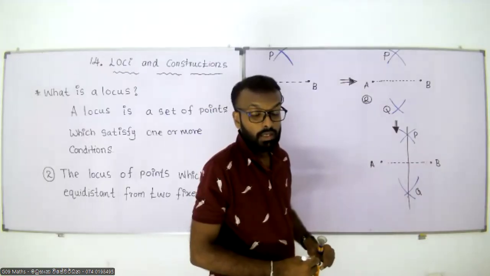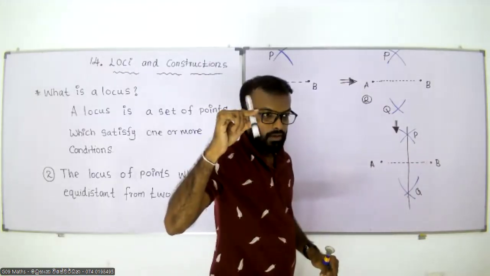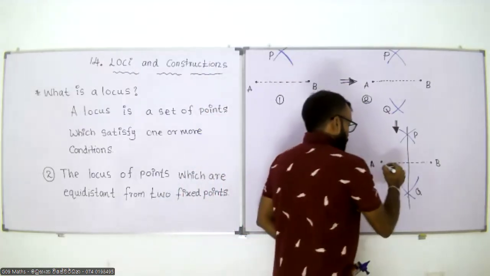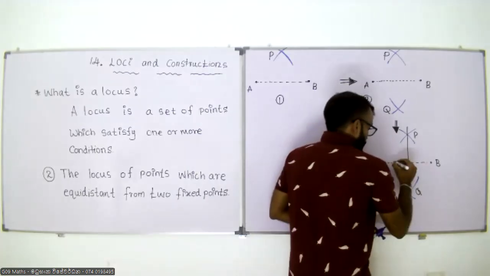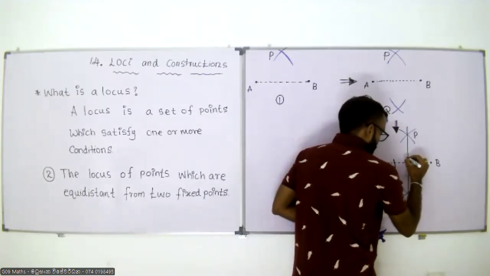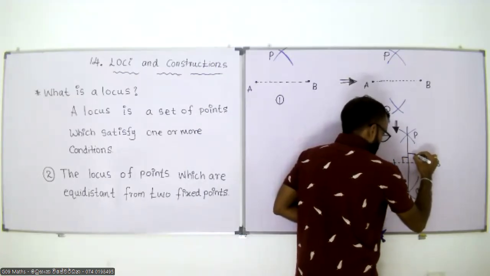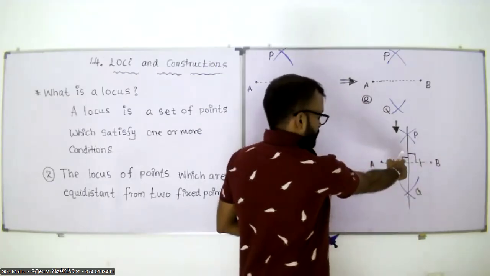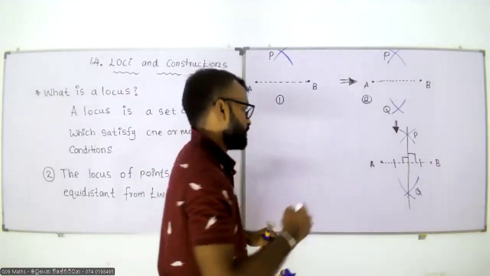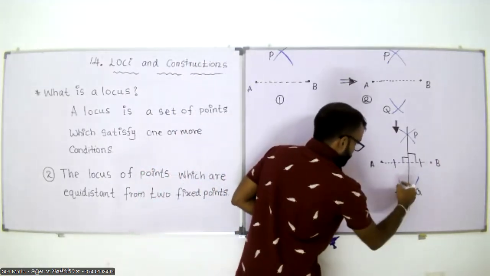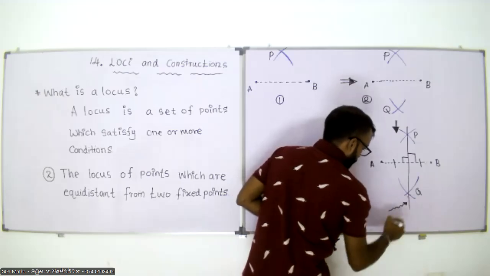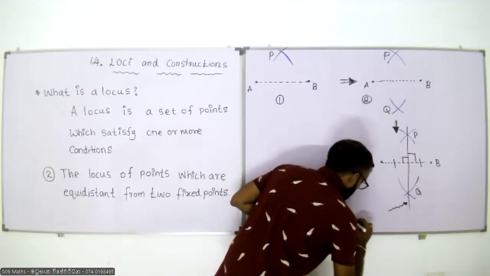And most importantly, now take a different pen, red pen or something, and mark this distance equal this distance, and this angle is 90 degrees, and this angle is 90 degrees. So this is the locus of perpendicular bisector.